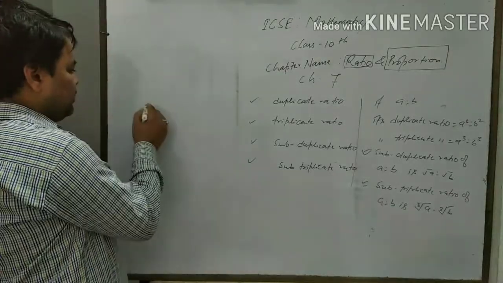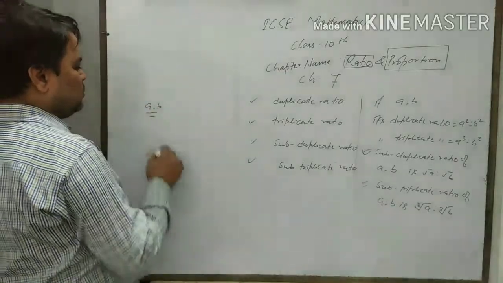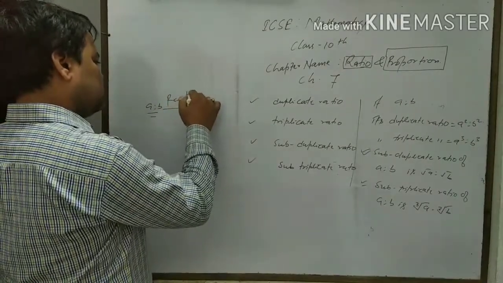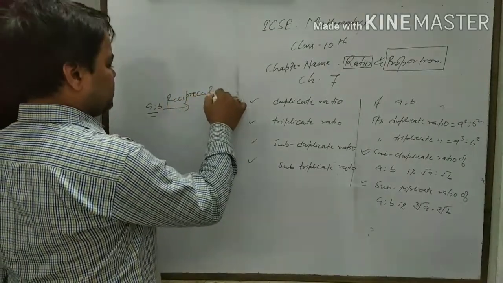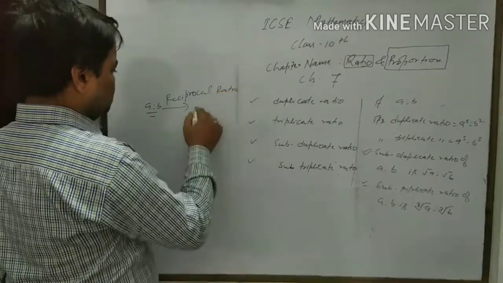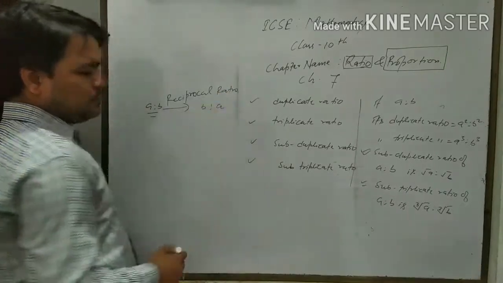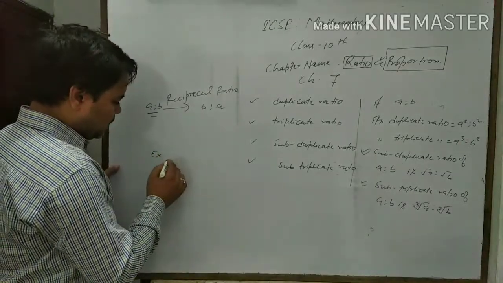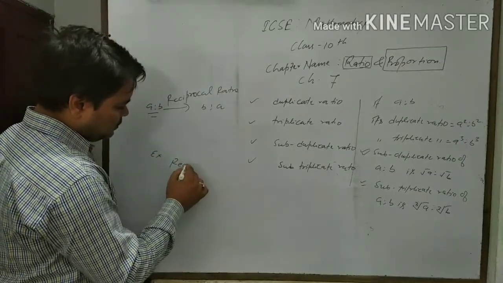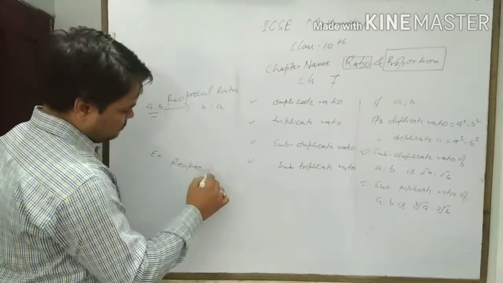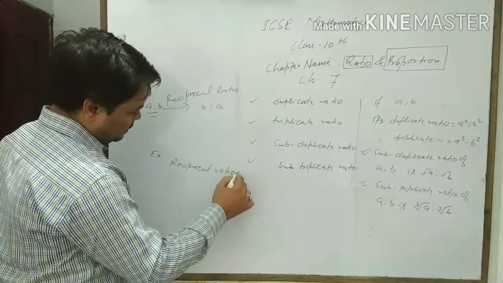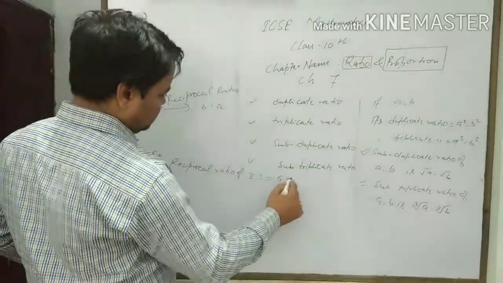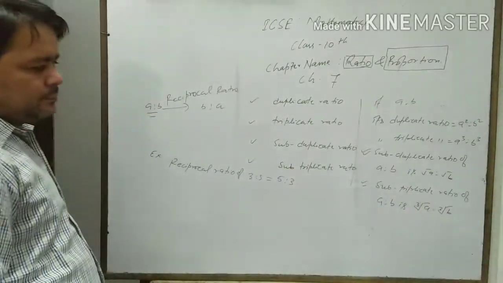Also, if we have A is to B as a ratio, then its reciprocal ratio is what? B is to A. Example, the reciprocal ratio of 3 is to 5 is equal to 5 is to 3.